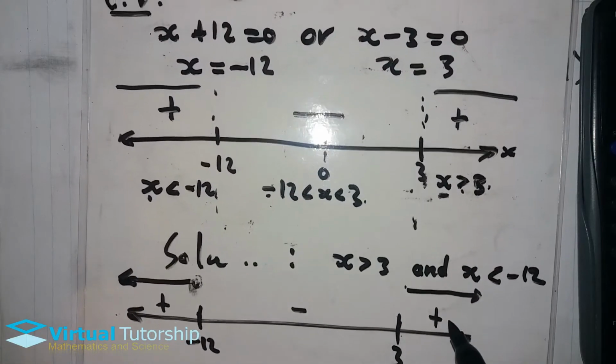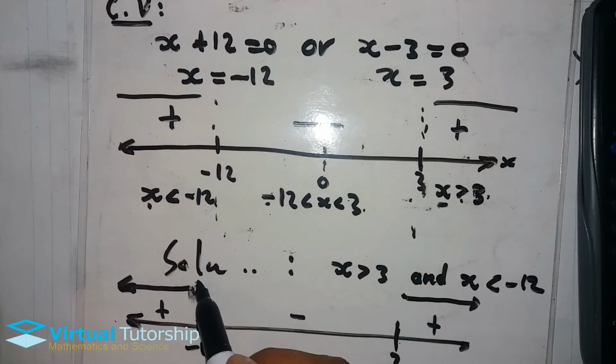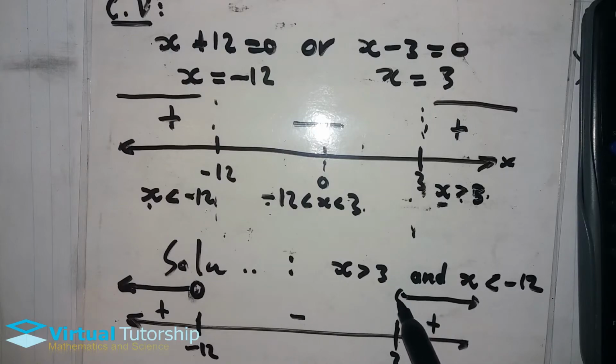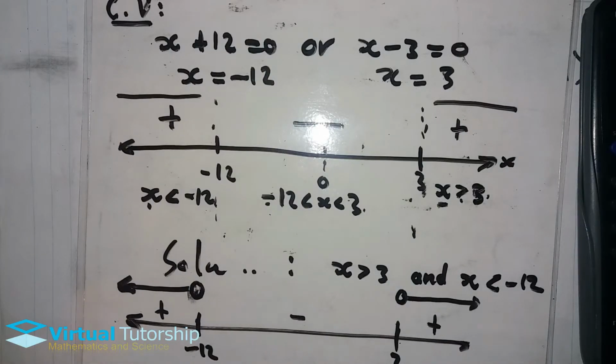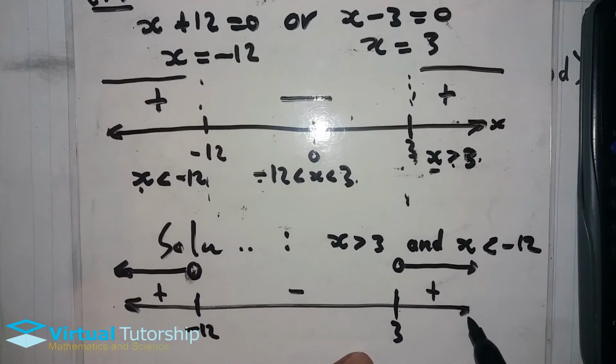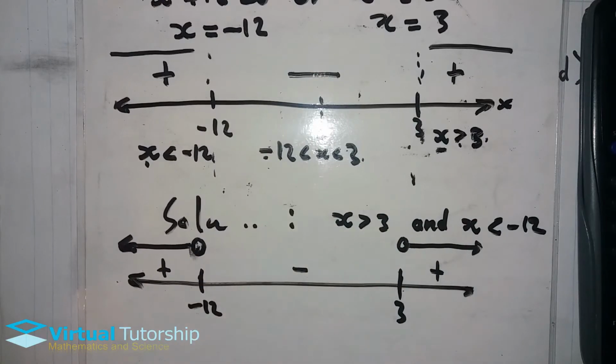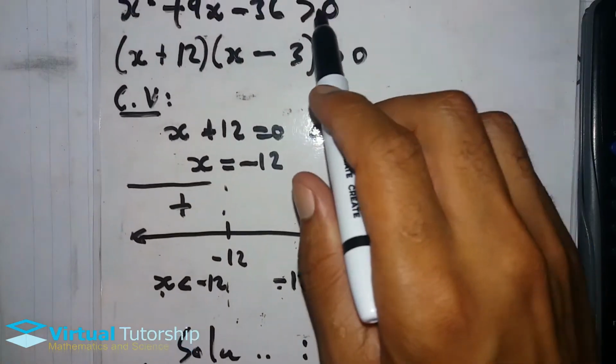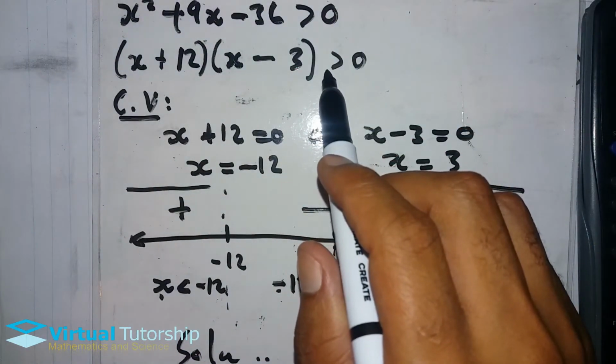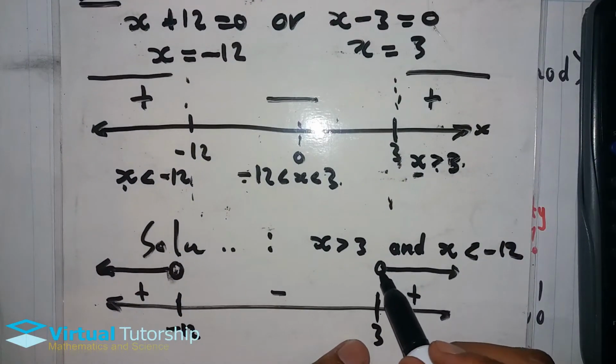Another thing, when you plot you will use circles, whenever you solve linear inequalities like these, and they ask you to plot them on a number line. So here we plot them too. If it's only greater than or less than, what do you do?